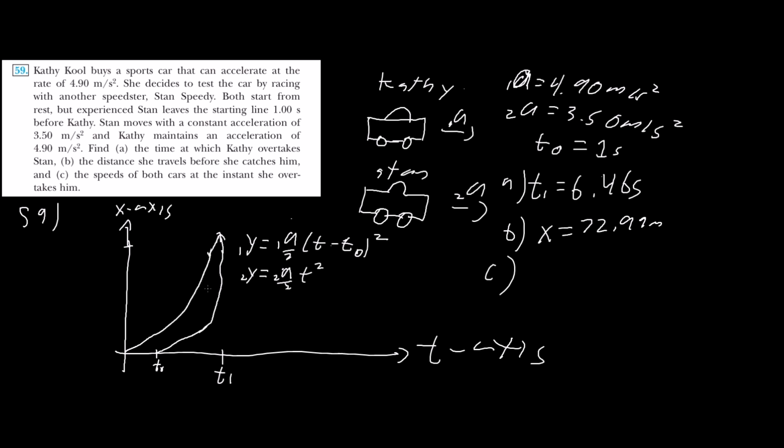So for Stan, all you have to do is take that 6.46 seconds and multiply by the acceleration, 3.5 meters per second squared. Same thing for Kathy, take her acceleration, 4.90 meters per second squared, multiplied by 6.46 seconds. And here you have the final velocity at T1.